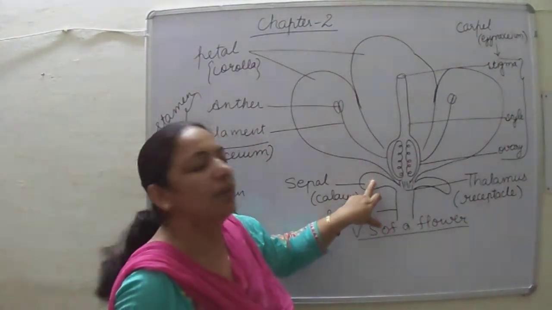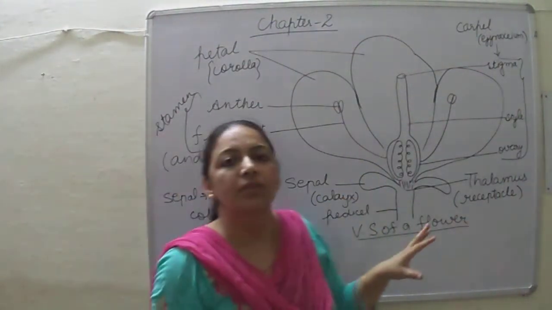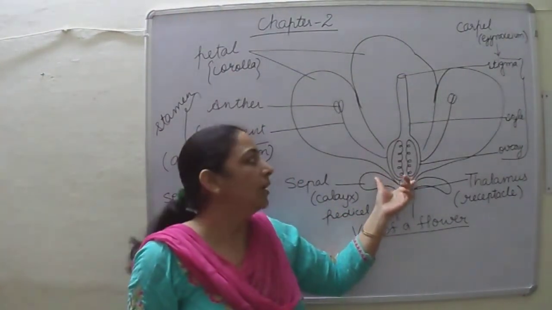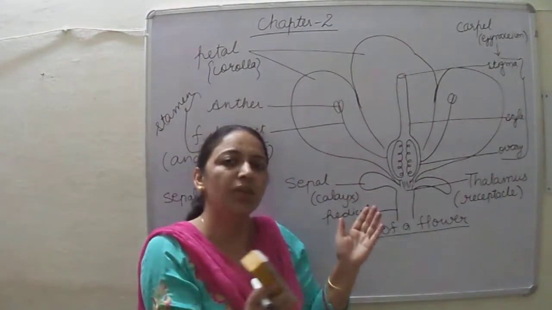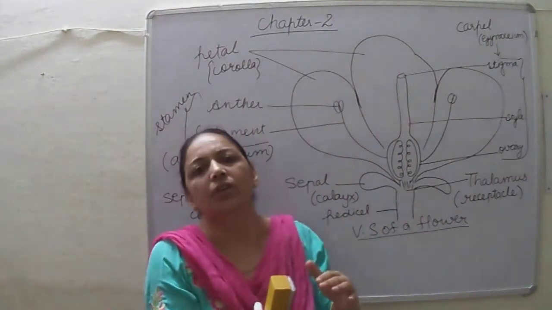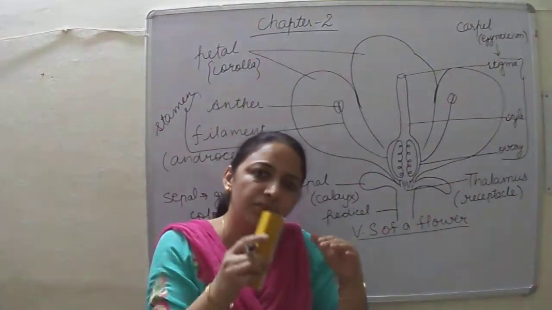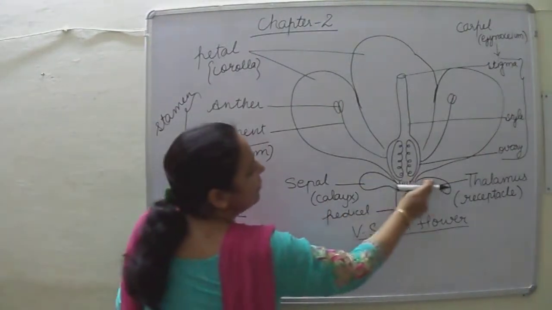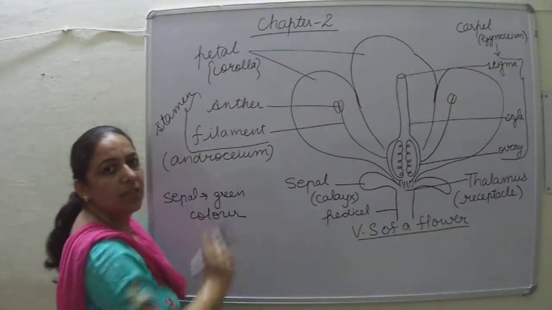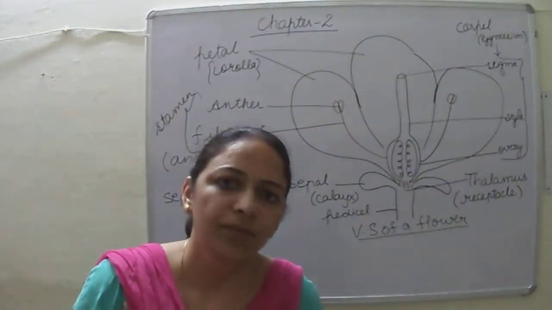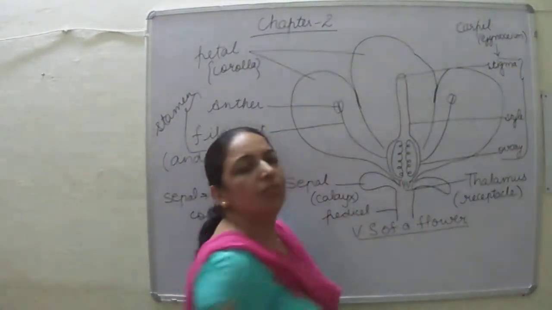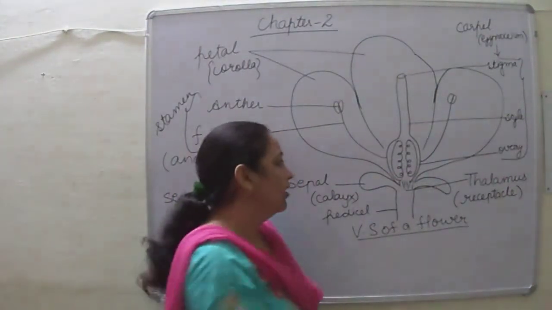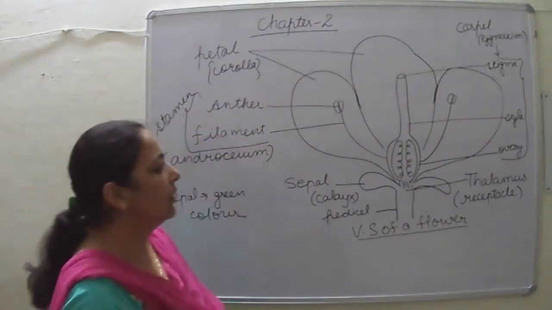Second, it does not allow excess water to be lost from the plant. Sometimes these sepals are colored. When they are colored, they attract insects for pollination. But rarely are they colored; almost always they are green in color.